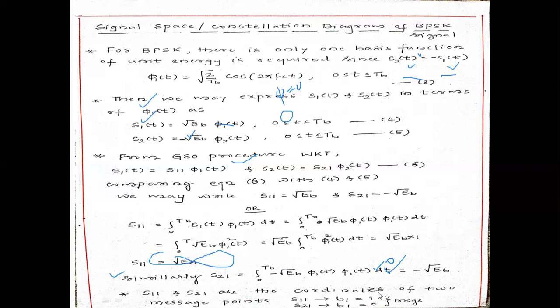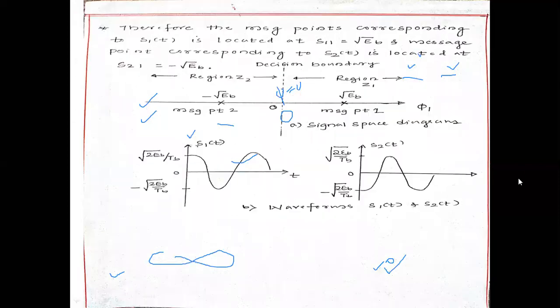Next, how to locate these message points corresponding to the two signals S1 of t and S2 of t, right? So that we'll see in this slide. The message point corresponding to signal S1 of t is located at S11 equal to square root of Eb, and the message point corresponding to S2 of t is located at S21 equal to minus square root of Eb, with the help of a one-dimensional signal space.